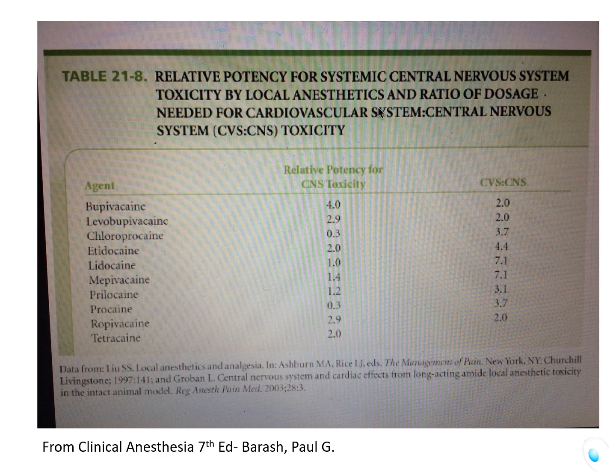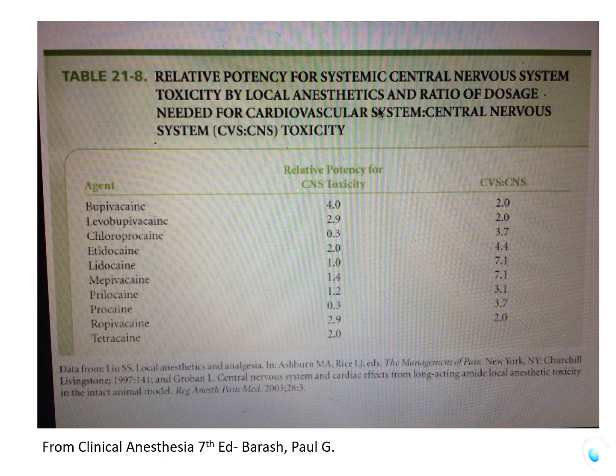Lidocaine is at 1, which is lower than some of the other more common local anesthetics that we use every day, like ropivacaine and bupivacaine. And then you have your CVS to CNS ratio. When looking at this, the easiest way to understand this is the closer the value is to 1, the more likely it is to cause cardiovascular toxicity in addition to central nervous system toxicity.